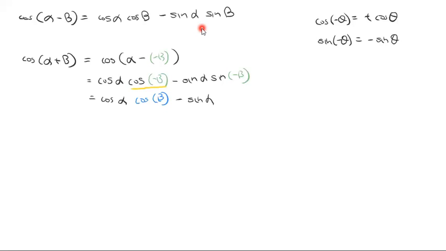Okay. So that means this is negative sine beta. And hopefully you can see that the negative here and the negative here will combine and you'll end up with a positive, giving us this rule.